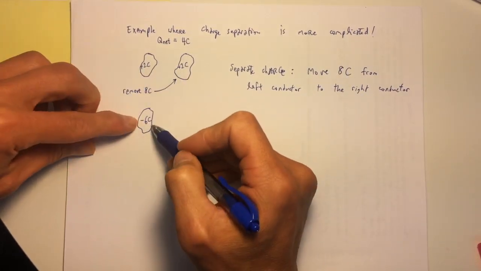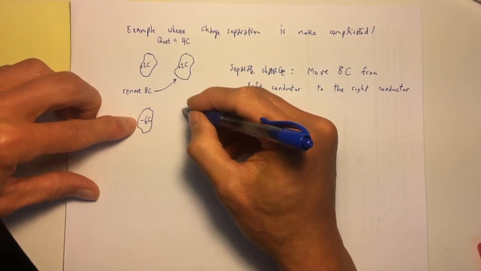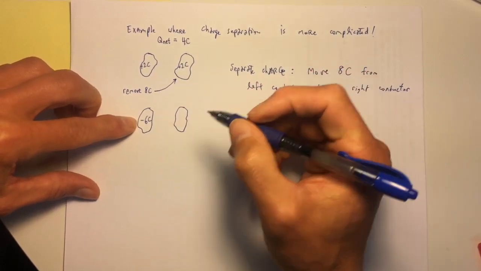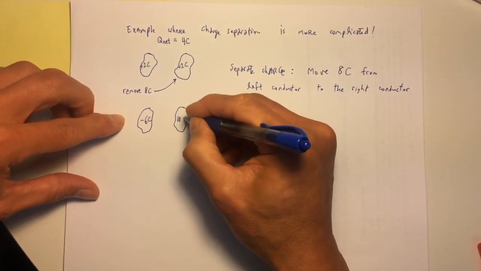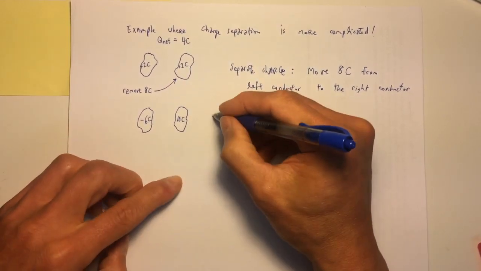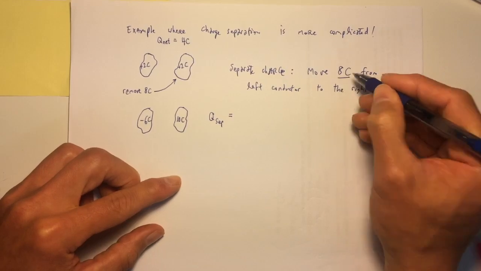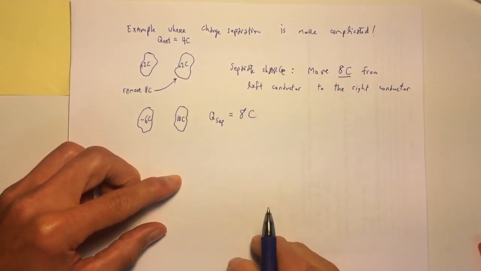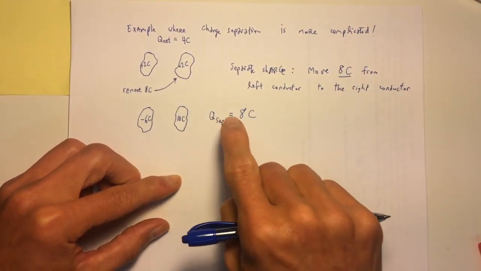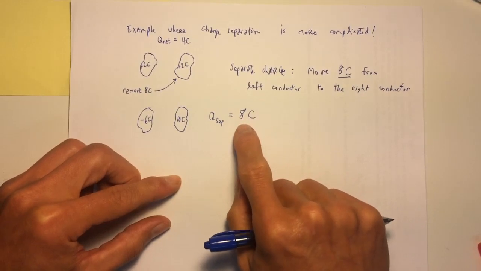So the left charge goes to negative 6 coulombs, and the right conductor's charge becomes 10 coulombs. But the charge separated is equal to 8 coulombs. The charge separation is the 8 coulombs.